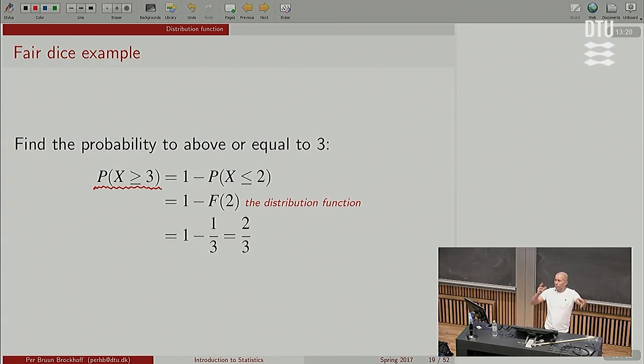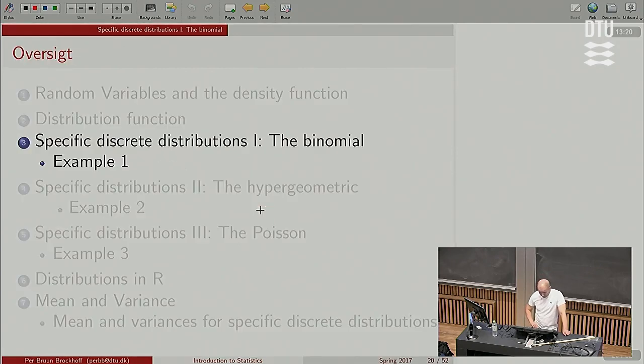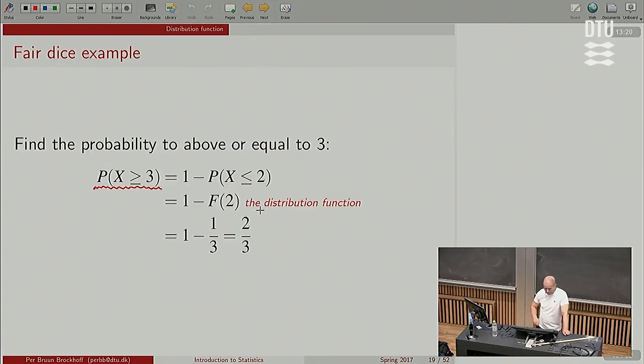Because I have the complementary thing. So either I'm 3 or above or I'm 2 or below, those two add up to 1 because that's everything. So I can jump between them. So I could also get this one from the distribution function like this. That was the distribution function.